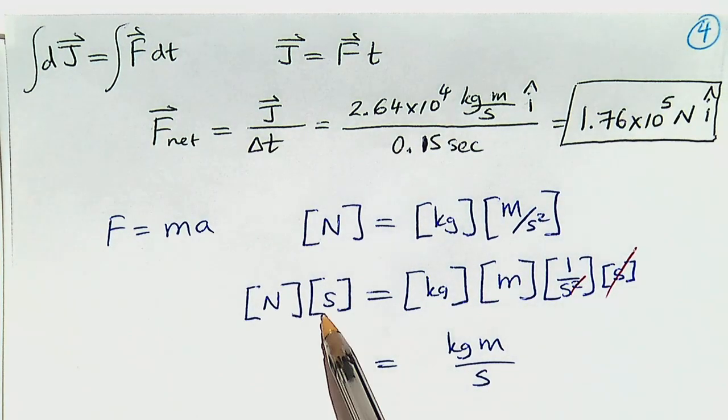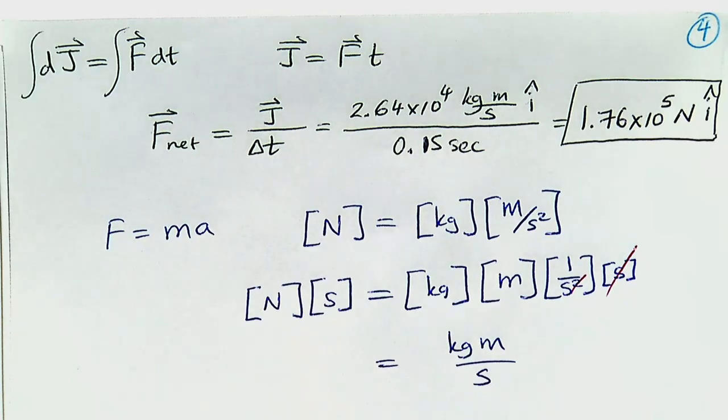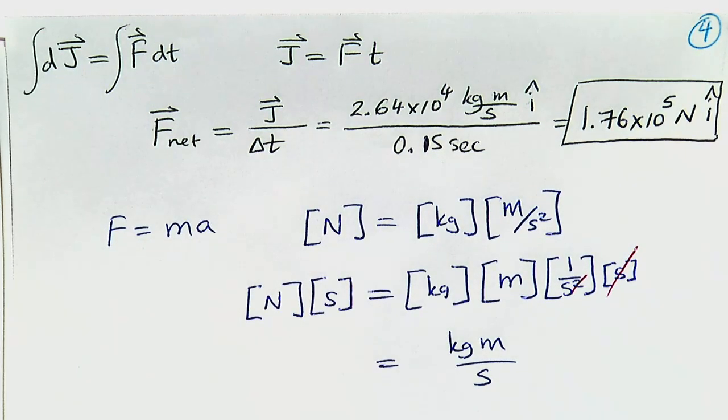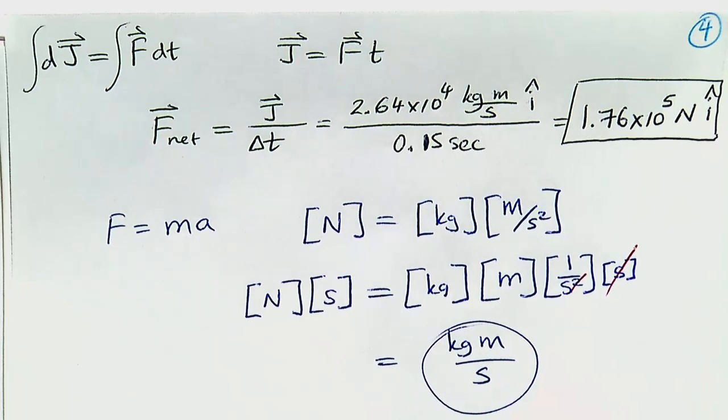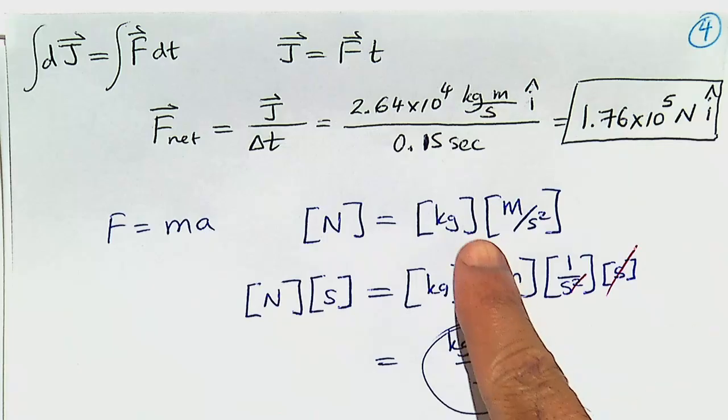So yes, you could list it as Newton seconds, but try not to do that because you'll see later why. Oftentimes we just list momentum this way, kilograms meters per second. It is kind of strange because sometimes we do use derived units that have names, even though it's really this.